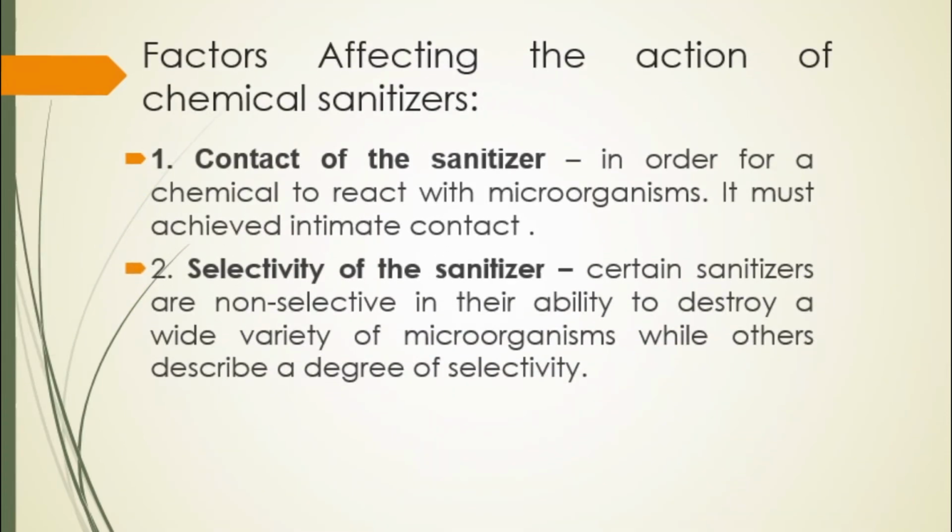Here are the factors affecting the action of chemical sanitizers. Contact of the sanitizer: in order for a chemical to react with microorganisms, it must achieve intimate contact. Selectivity of the sanitizer: certain sanitizers are non-selective in their ability to destroy a wide variety of microorganisms, while others exhibit a degree of selectivity.